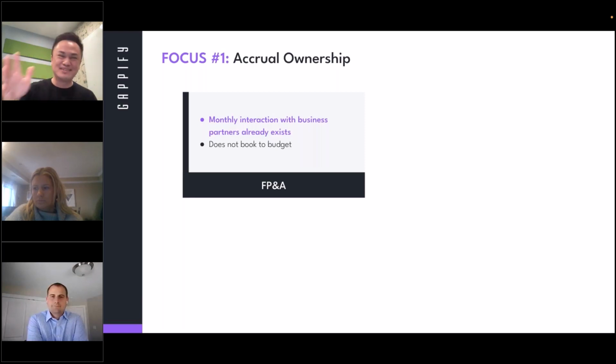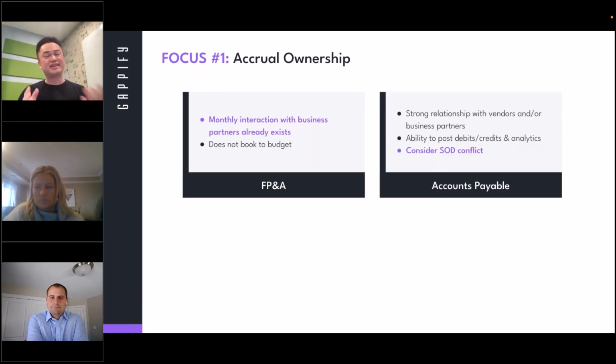But in some cases I have seen where for some reason or another, there's just such strong confidence in budget that that's what gets accrued. If FP&A is doing that, I would ask questions, and so keep that in mind. But again, there is a reason why in some cases FP&A could be in a better position to do accruals, and I would point to the former point, not the bottom one.